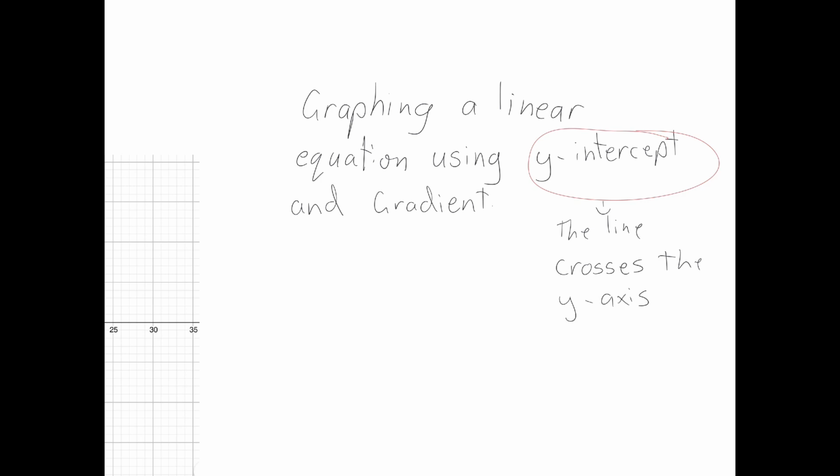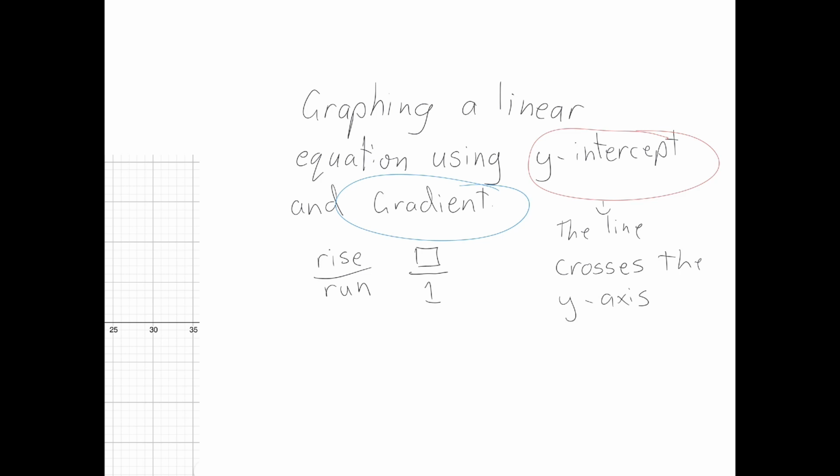The next thing we need to understand is how to find the gradient. Put simply, the gradient is our rise over run. That means if we rise by this many, we need to run by this many. To calculate this accurately, we need to understand that any whole number is represented as a fraction as that number over 1.